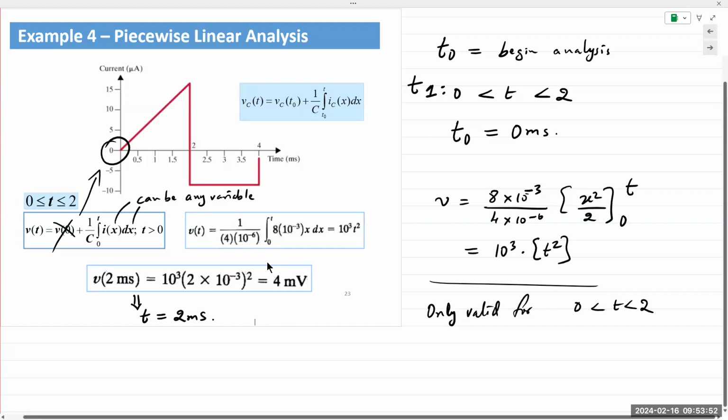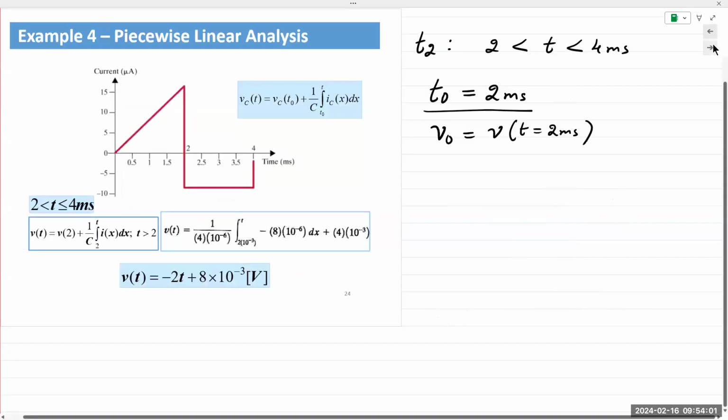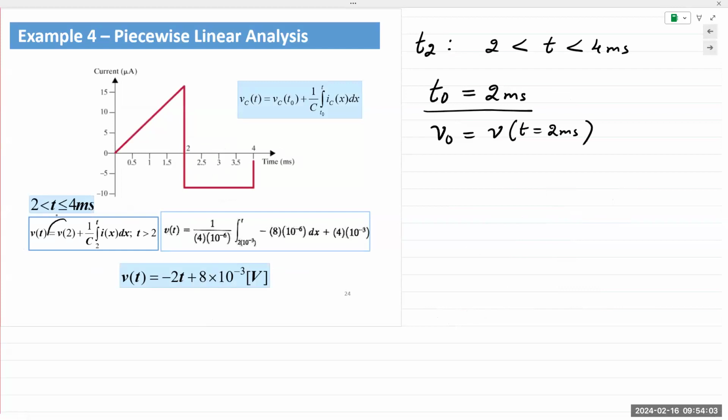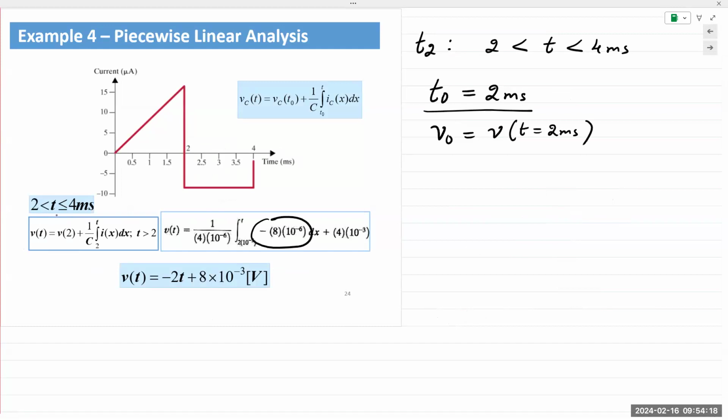I've got about 6 minutes left, so I'm going to rush through this a little bit. Is the concept clear? Okay, so then we take those values and plug in here. V2 is basically the voltage at 2 milliseconds. And then C is 1/4 microfarads. In this case, the integral is simple because it's a constant, -8 microamps.